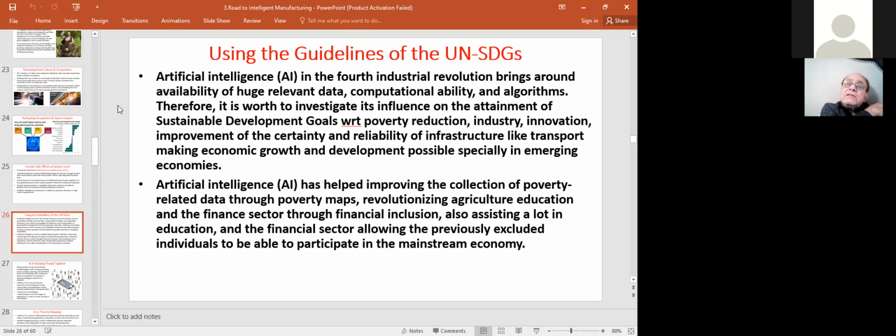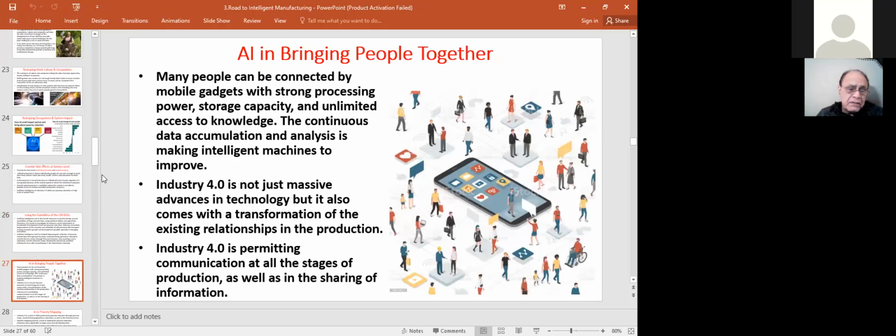Apparently, intelligent manufacturing brings adverse effects to the people, but on the other hand, the same gadgets and instruments at the facilities of intelligent manufacturing, we can apply to poverty reduction on the system level. The balance has to be really taken up.